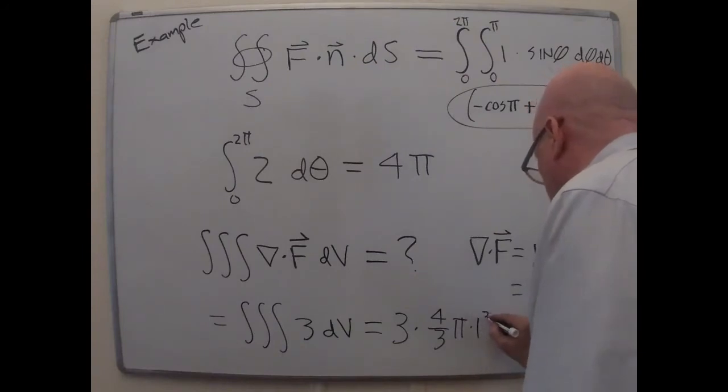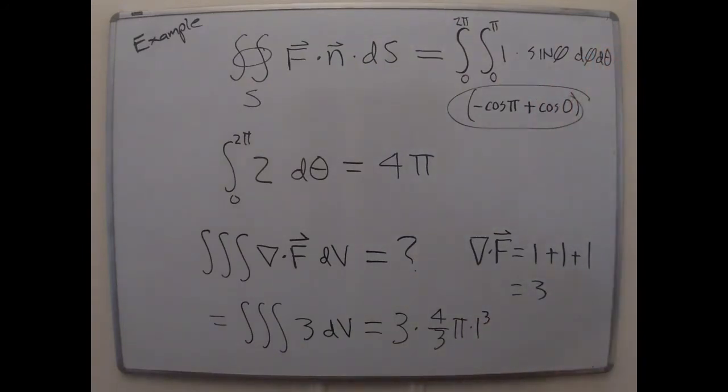Our radius is 1 in this one, so 4/3 pi 1 cubed. The 3's cancel. 4 pi, 1 cubed is a 1. Okay, yeah, it's 4 pi. You see, you got the same answer both ways.